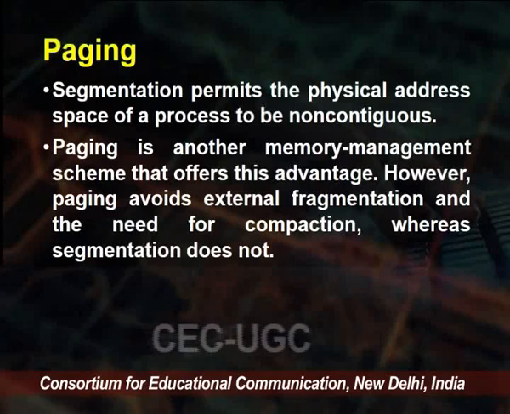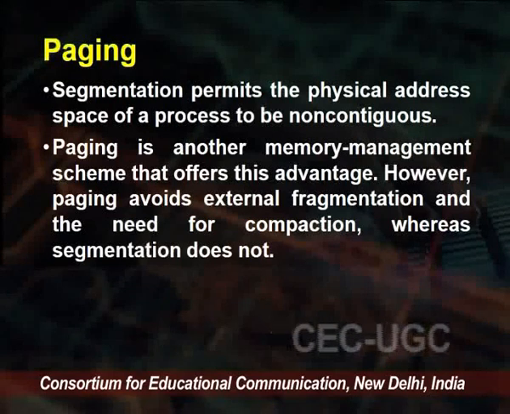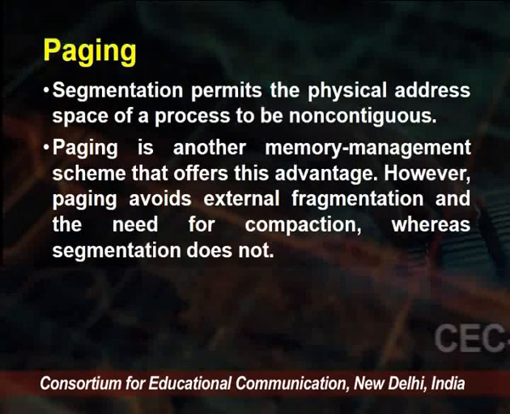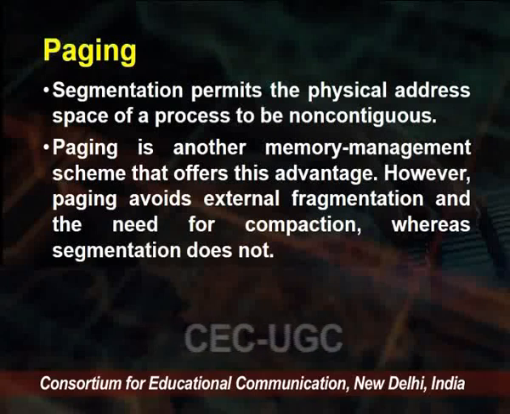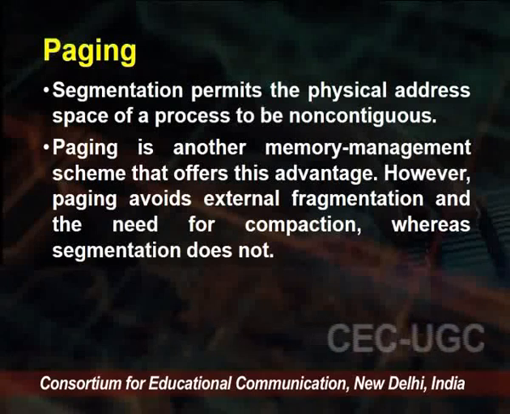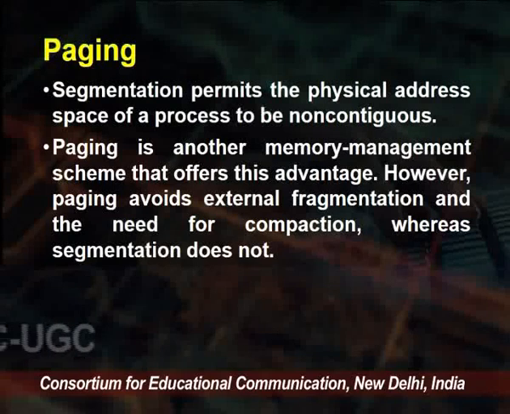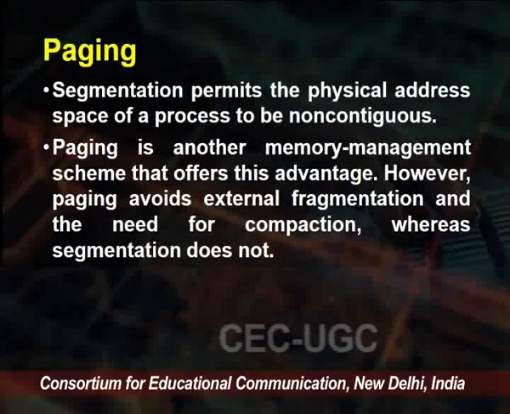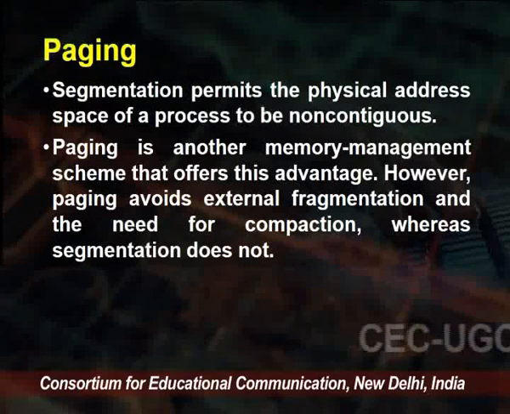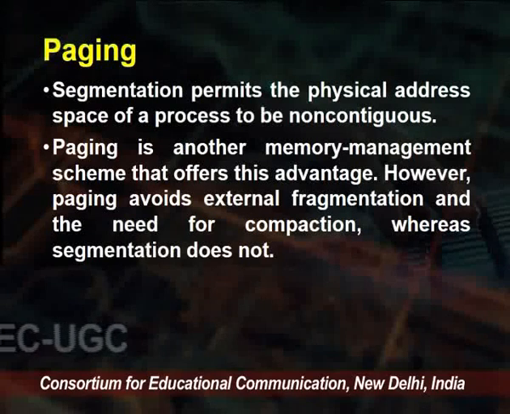Paging is another scheme of memory management which offers this kind of advantage, right. However, paging avoids external fragmentation and the need for compaction, whereas segmentation does not, right. So even when you are doing segmentation, the issue of external fragmentation remains somewhere, and there is also a need for compaction that we already discussed.